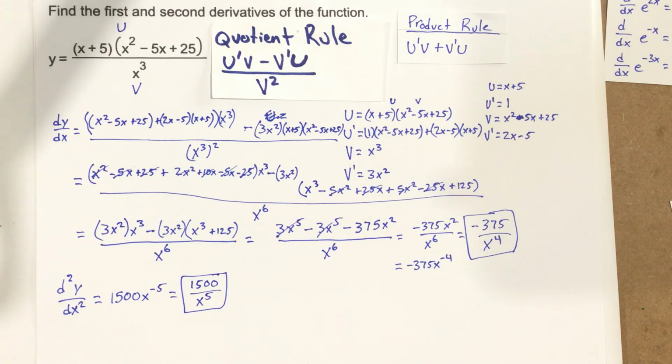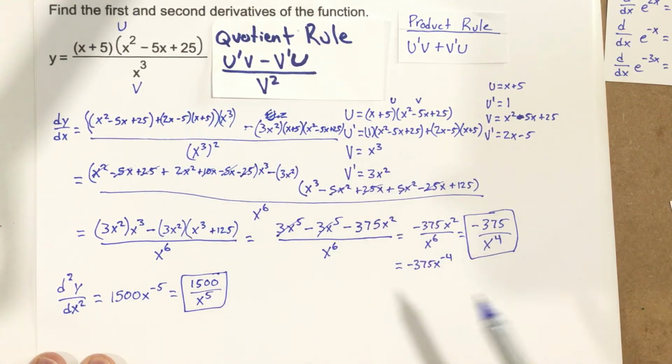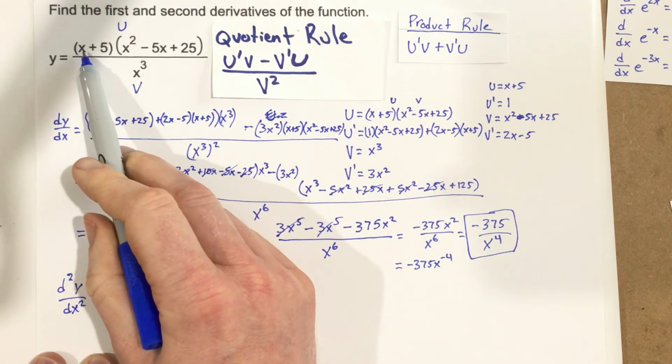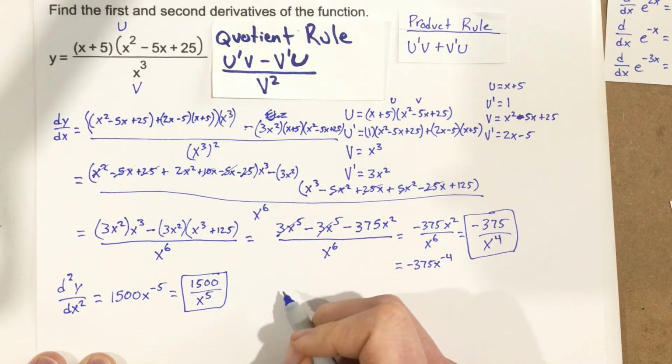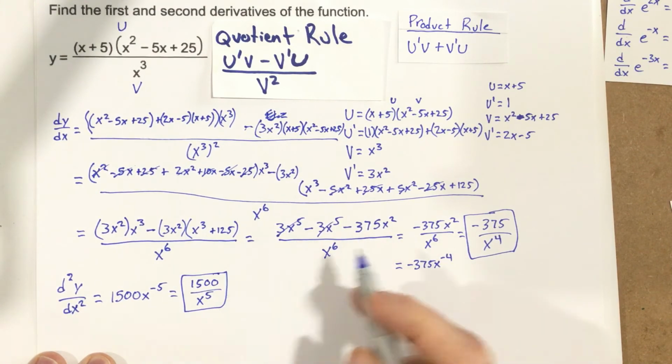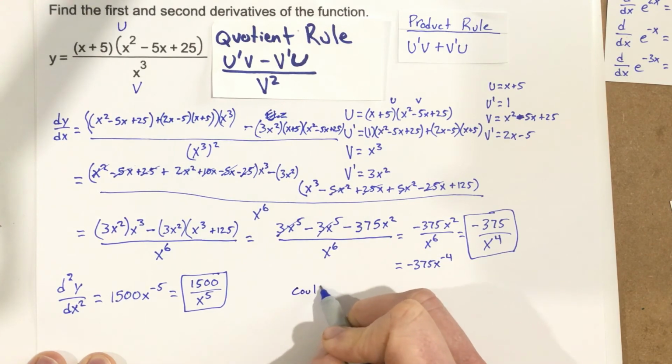Okay. What could you have done here to make this process maybe simpler? Well, what you could have done is you could have distributed out the top.